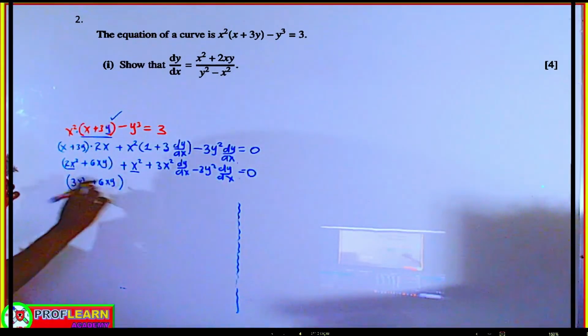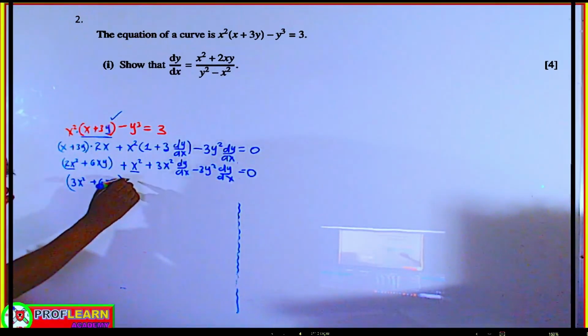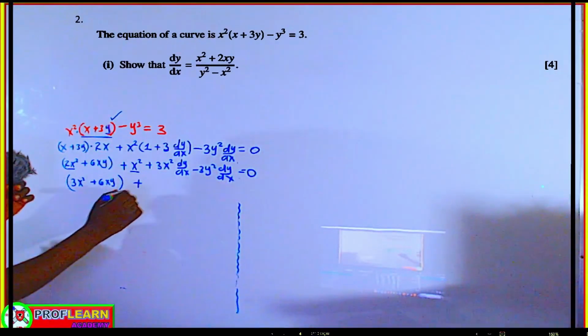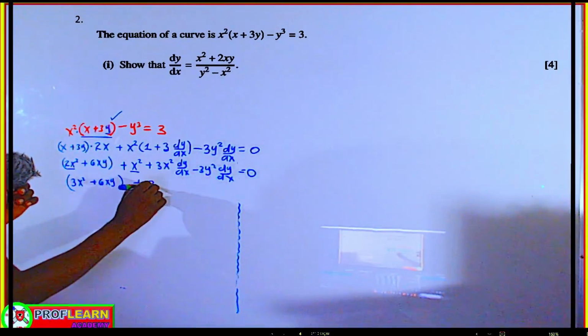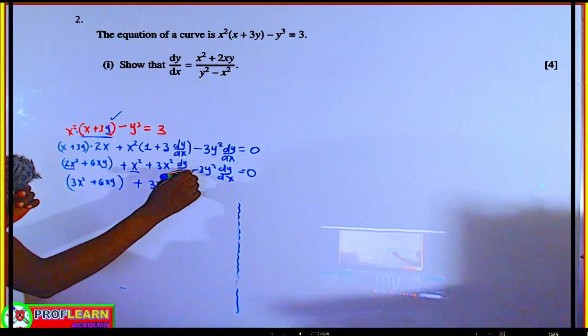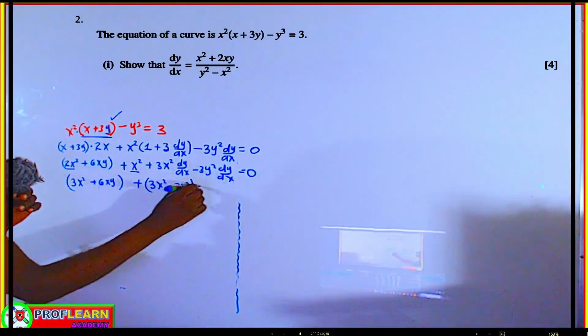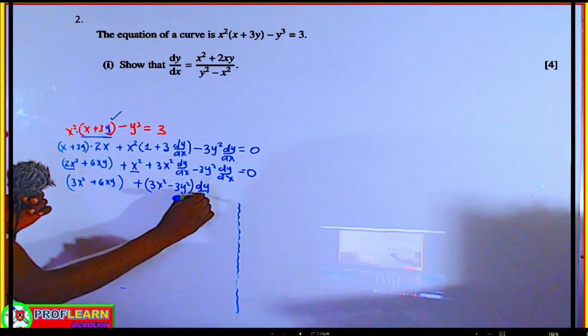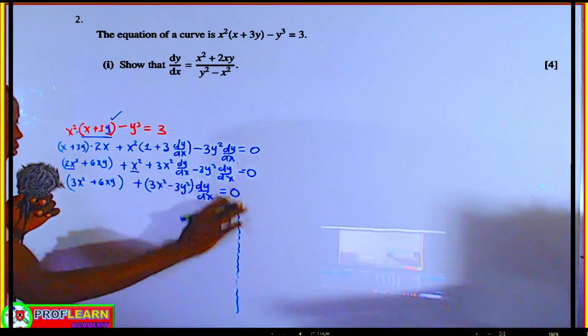These two terms do not have dy/dx, and this other part is going to be 3x squared minus 3y squared. I've combined this, and then I write dy/dx here is equal to 0.